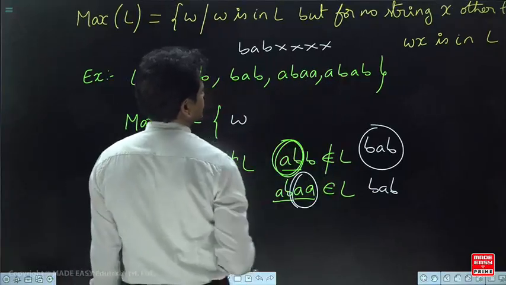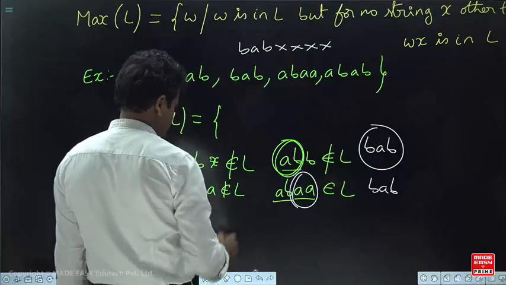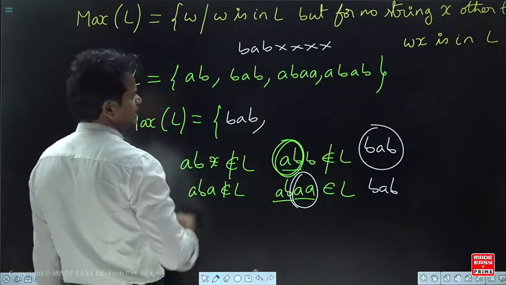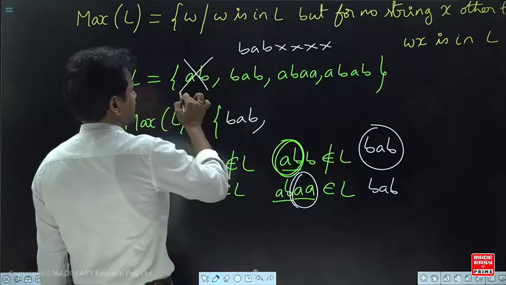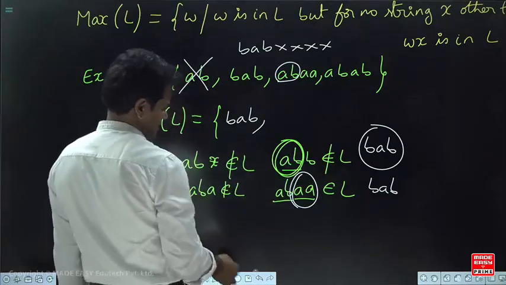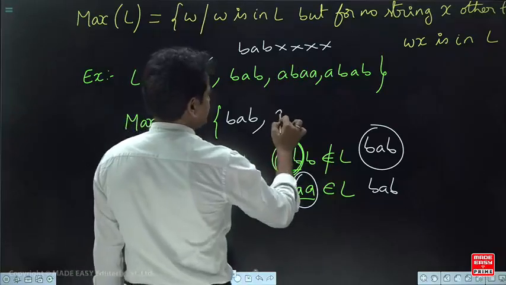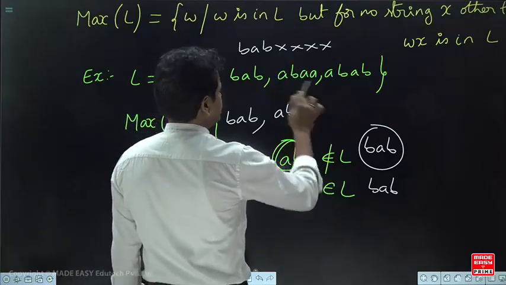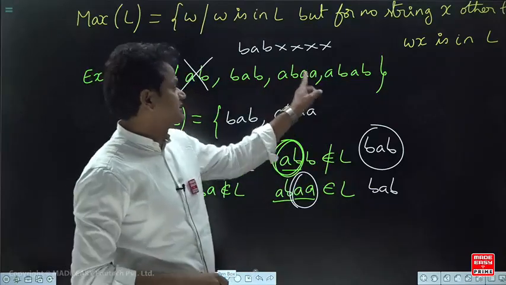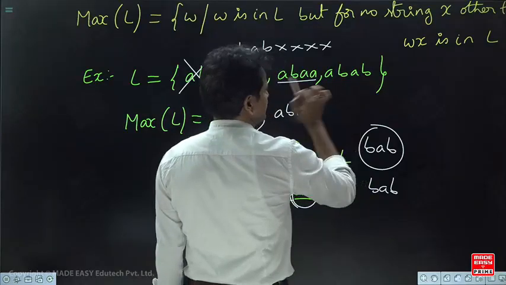Okay. So BAB. Do you find any string starting with BAB? No, right? Then I can take BAB in the maximum of L. But I cannot take this one because there is a string starting with AB. Okay, now I'll go for ABAA. Is there any other string starting with ABAA? ABA is there, but ABAA is not there.